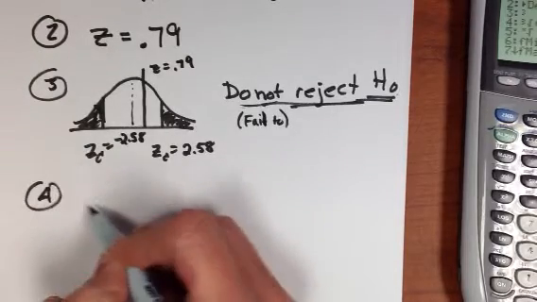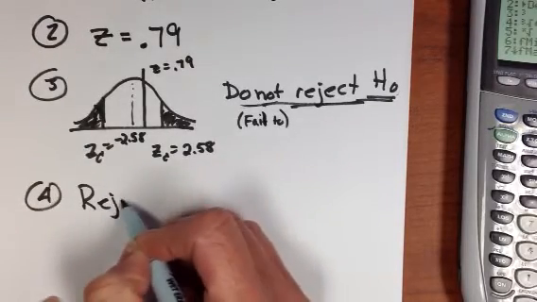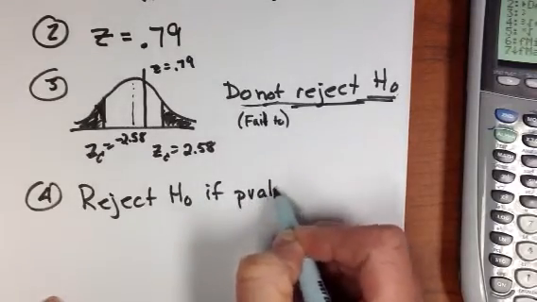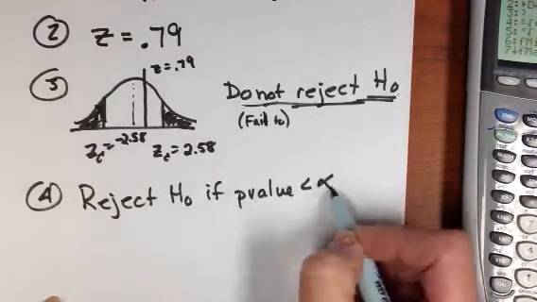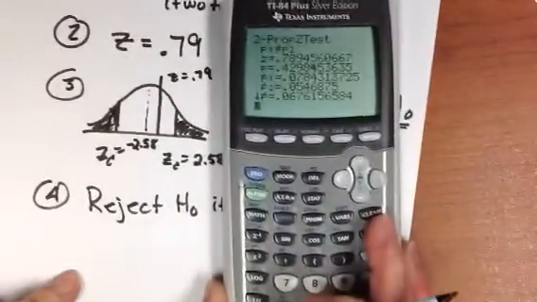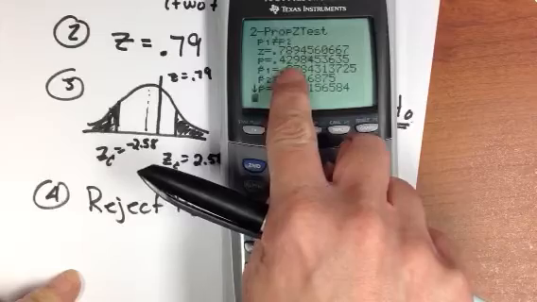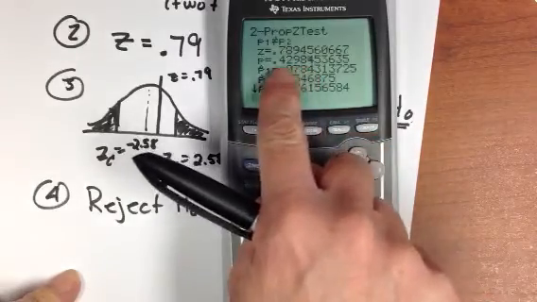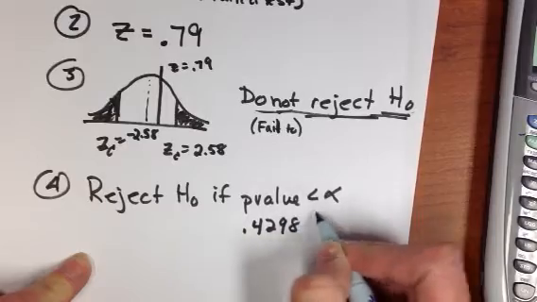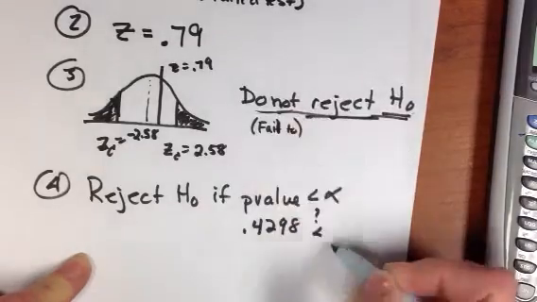So let's write down our p-value approach. The p-value method is we reject H naught if p-value is less than alpha. So on my calculator, I had a p-value. I always do this one to 4 decimal places, 0.4298. The question is, is that less than 0.01?